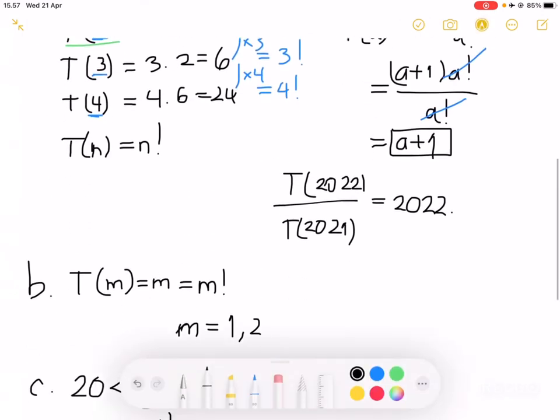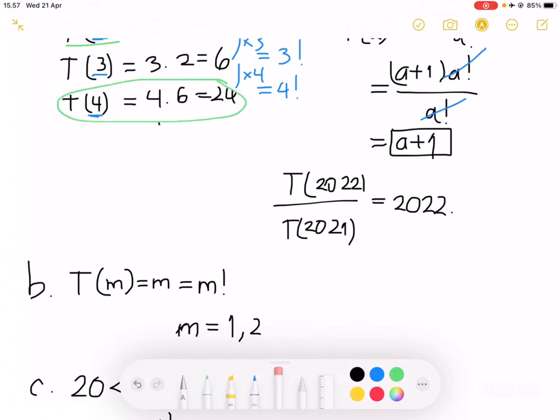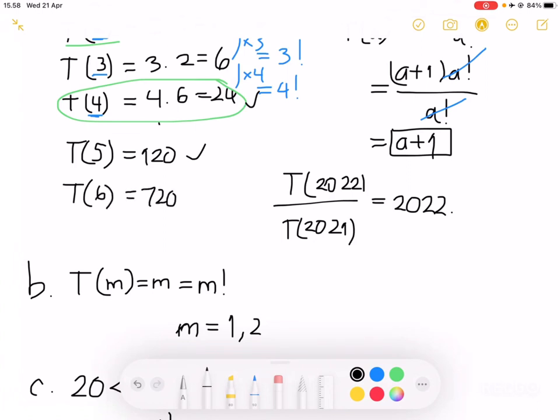We know that from here, T of 4 is a solution. We know T of 5 is equal to 5 factorial, which is 120, which is also a solution. And T of 6 is equal to 720, which is also a solution.